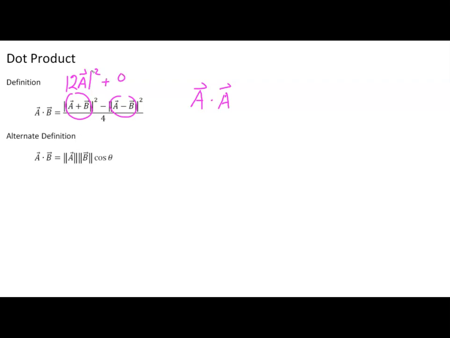When I square this, I get 4 times the magnitude of vector A, divided by 4. It should be evident that this is just A squared, or this. And what that tells us is we have a way to define the length of a vector simply by taking the dot product of the vector with itself.